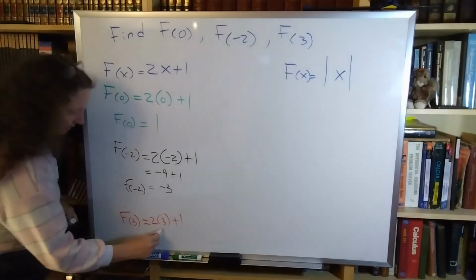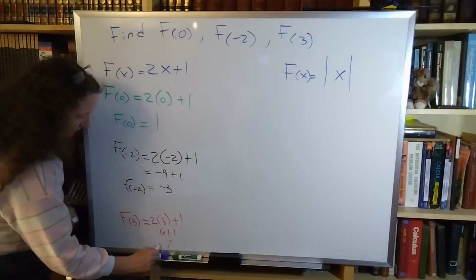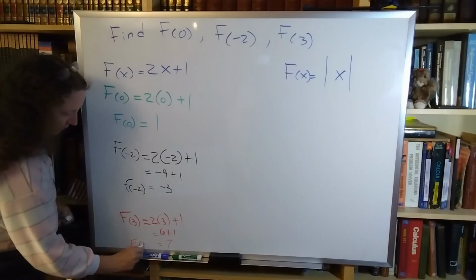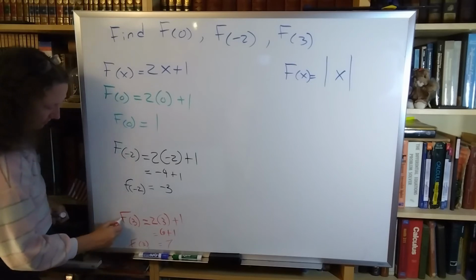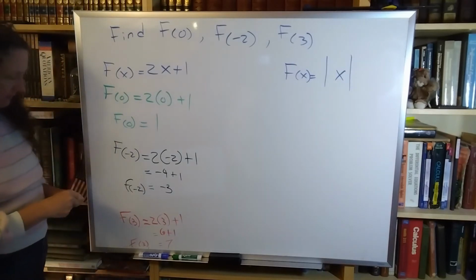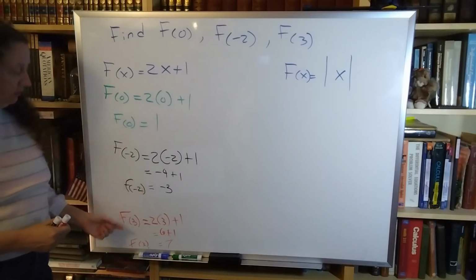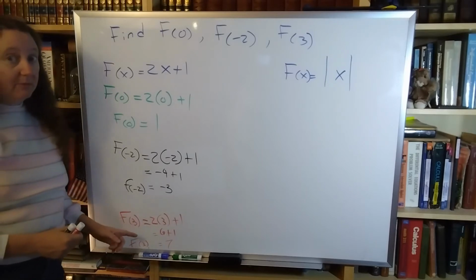That gives me 6 plus 1, which gives me 7. So f of 3 is 7. That should be a lowercase f. That's all that's asking you to do. It's not saying divide that 3 over, because that is not multiplying.